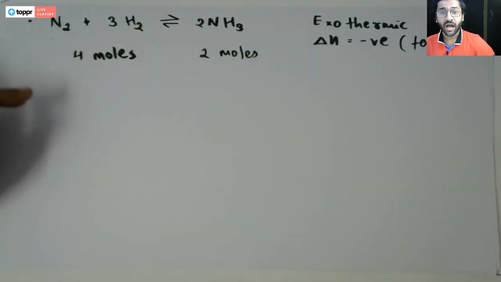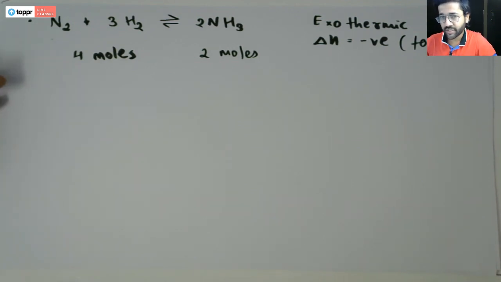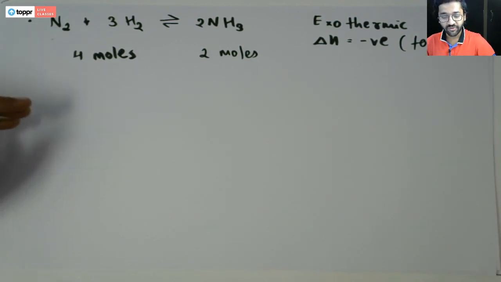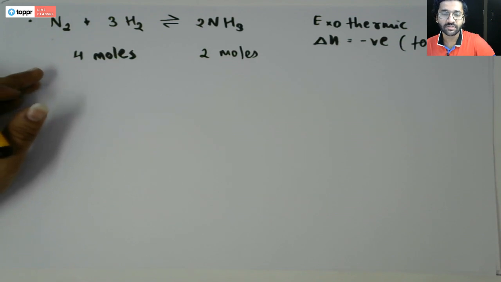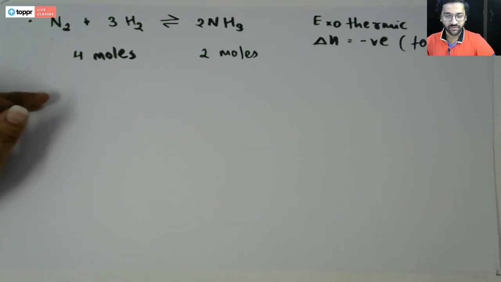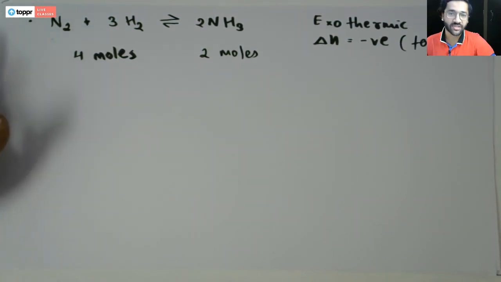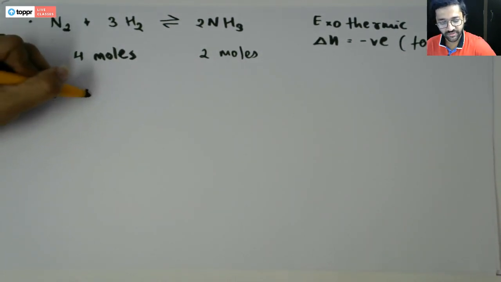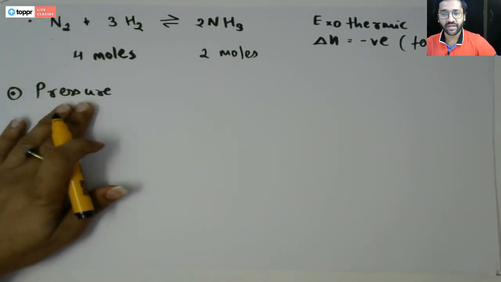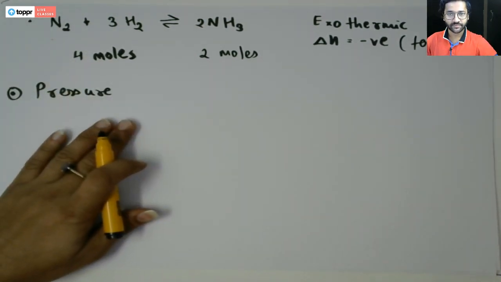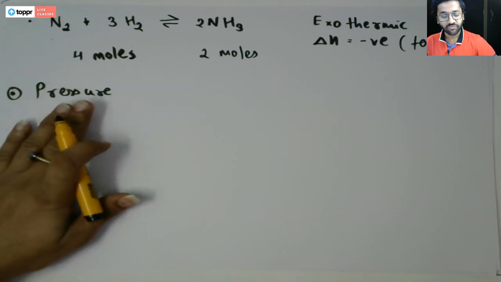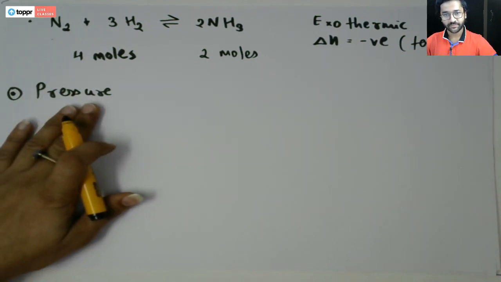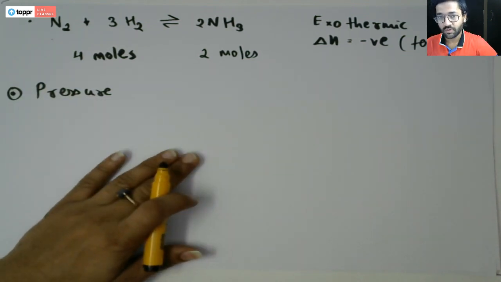So let's see how changing pressure or changing temperature will bring the change in the reaction through Le-Chatelier's principle, which says equilibrium resists the change. So here let's talk about pressure first. What if I increase the pressure in a system? What happens? When I increase the pressure, what will equilibrium do?